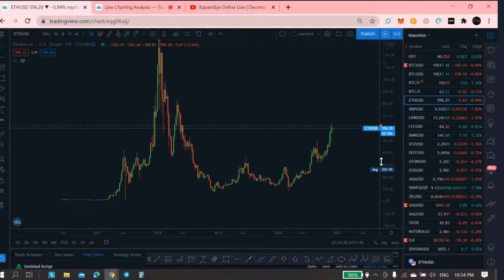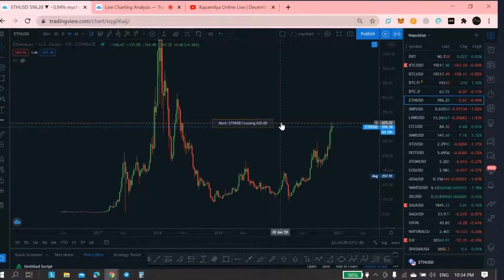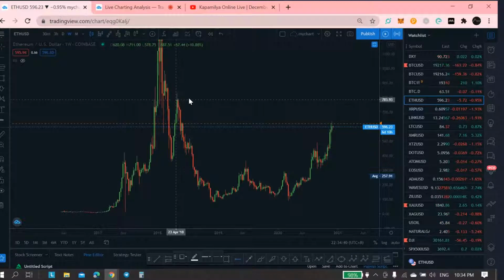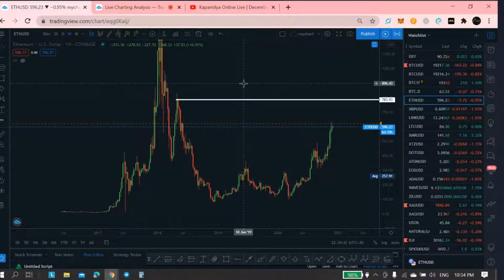So my alarm here is actually at 620. A breakout to that 620 could possibly retest this area, which is the 783 area.